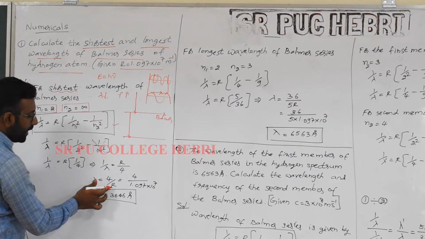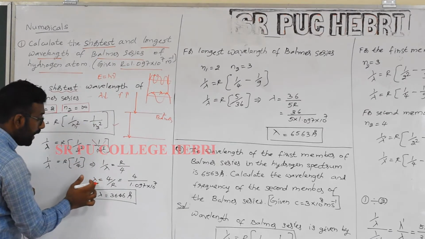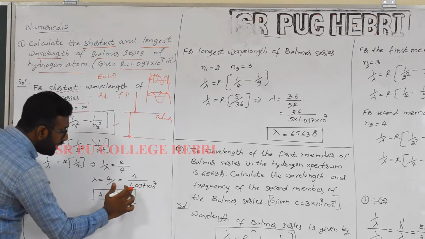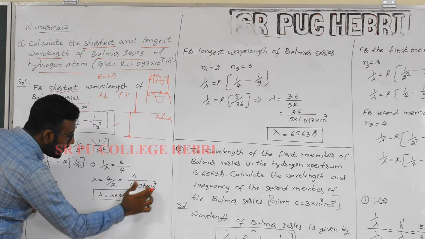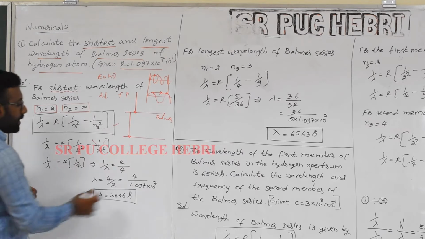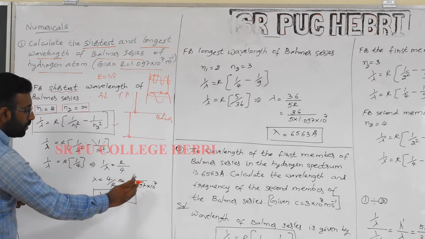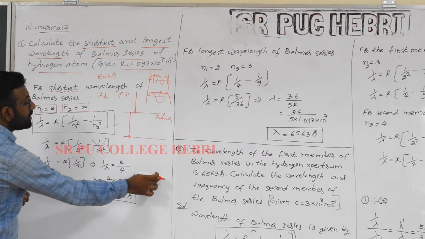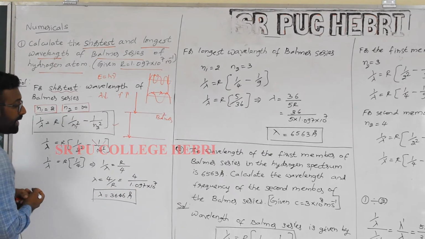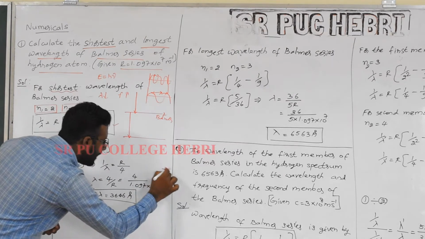You know the value of R, so we can write lambda is equal to 4 divided by 1.097 into 10 to the power 7. Take your calculator and do 4 divided by 1.097, you will get a value. Then take the power to the numerator, and you get 10 to the power minus 7.